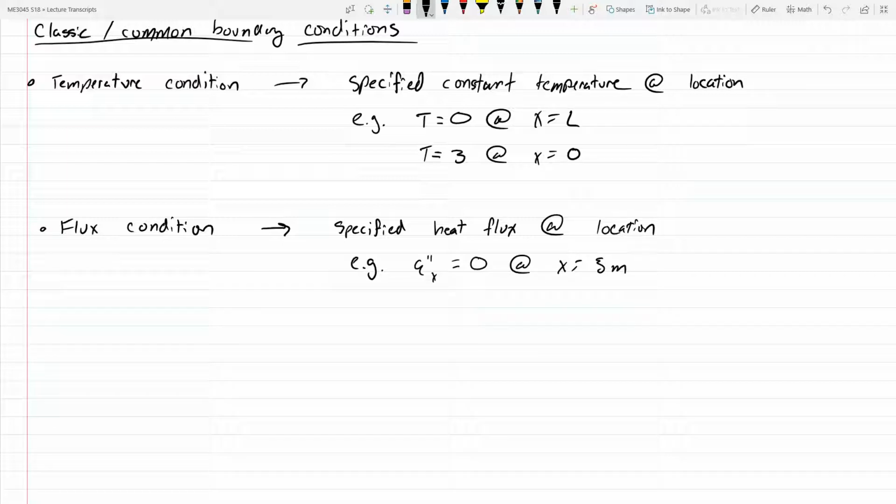But right, we can plug in Fourier's law here for that q double prime. We could say instead that this could be restated as negative k dT/dx is equal to 0 at x equals 5 meters. So those would be equivalent statements, which is why we can use this as a boundary condition for T, okay? Because it's some piece of information about the way the temperature is behaving at the boundary.